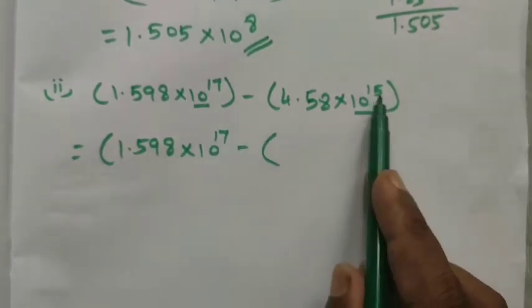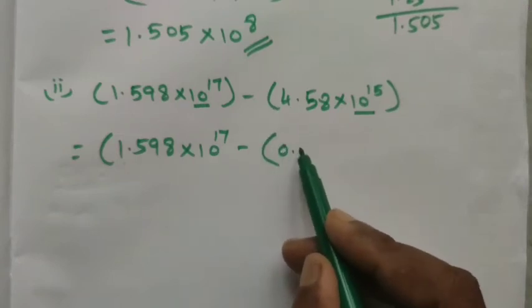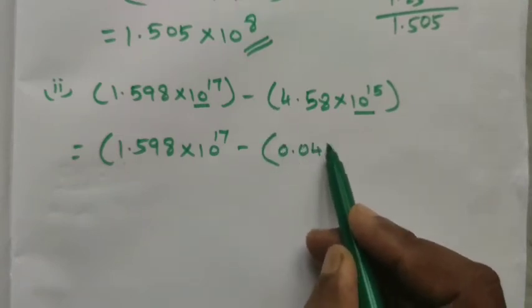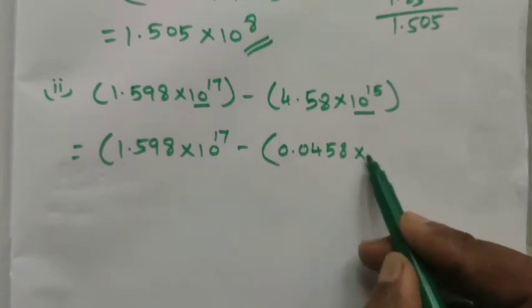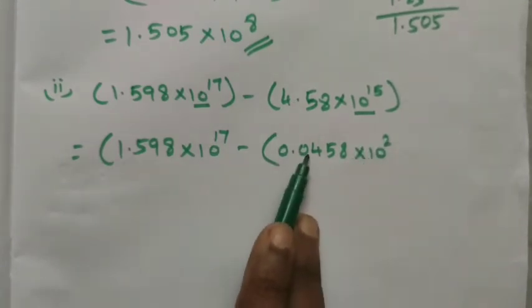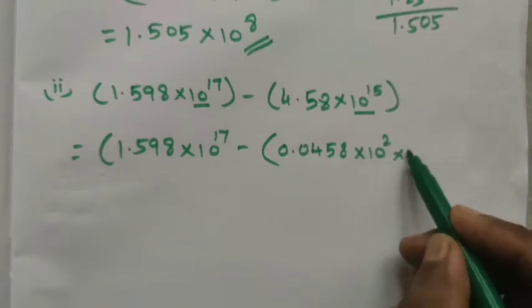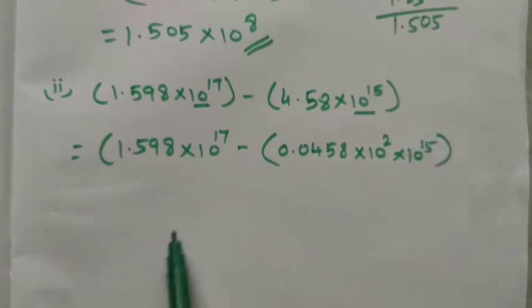Minus, to convert this into 10 to the power of 17, we have to move two places, that is 0.0458 into 10 to the power of 2, which is 100. If you multiply this term by 100, 2 decimal places will be moved, right? Then 10 to the power of 15.